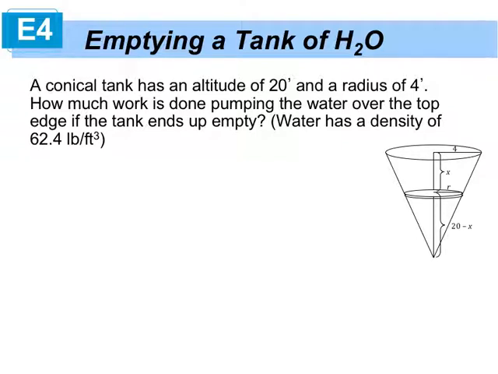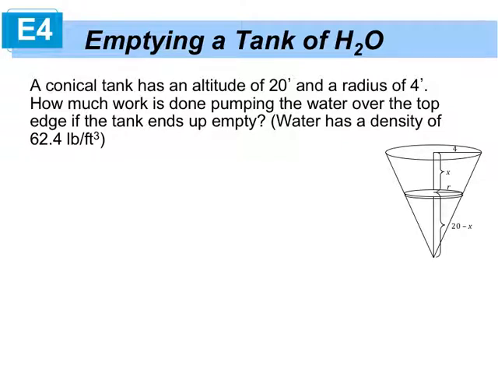In other words, I chose the distance I have to pump this disk as being x. That means it's 20 minus x from the bottom of the tank. You could do it the other way around. It's x units away from the bottom of the tank, therefore I have to pump it 20 minus x. The answers are the same, the work is a little bit different, no pun intended.